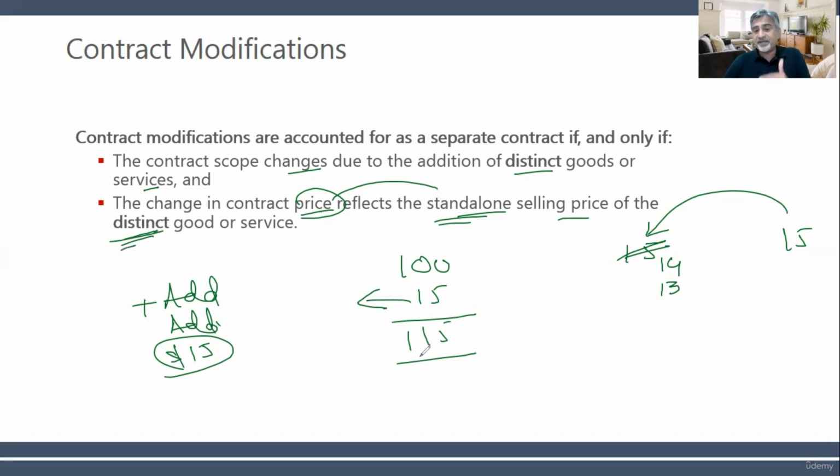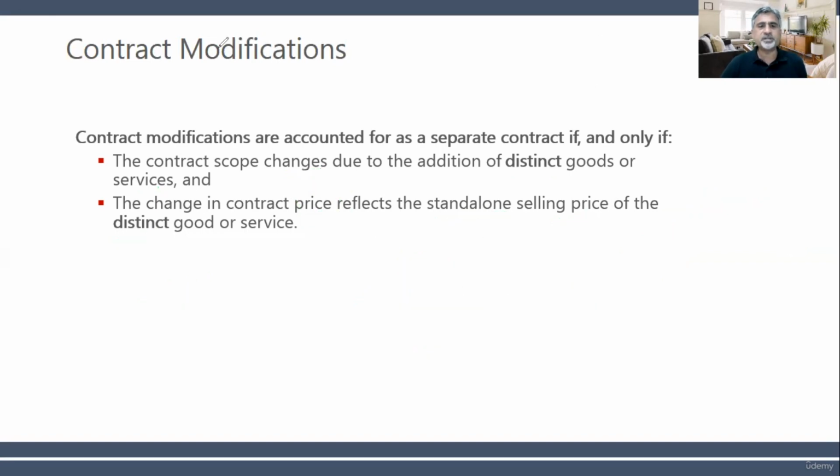If you are adding it at 15, then it is not a modification. Then you can actually go back and make a new contract for 15. Modification is only there if the separate price is 15 and under the same contract I'm putting it as 13. I make it 113. So these are the two conditions here.